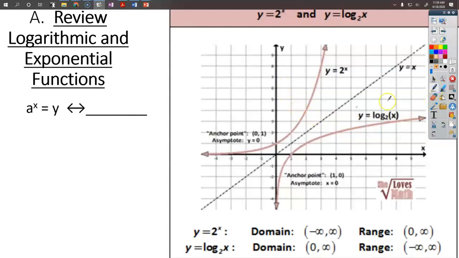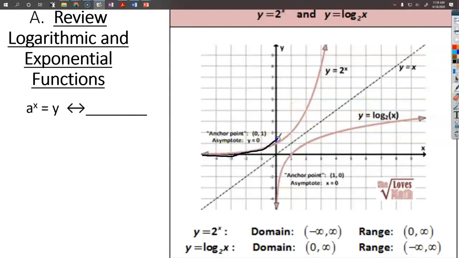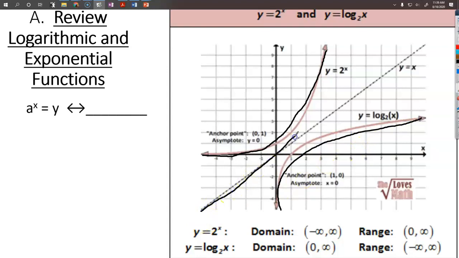So that's what logarithms and exponential functions are. And since they're inverses, whereas an exponential function looks like this, logarithms look like this, because any two functions that are inverses always look like a reflection through that diagonal line. Something to pay attention to is that exponential functions have a horizontal asymptote here, so the exponential function cannot cross that line.